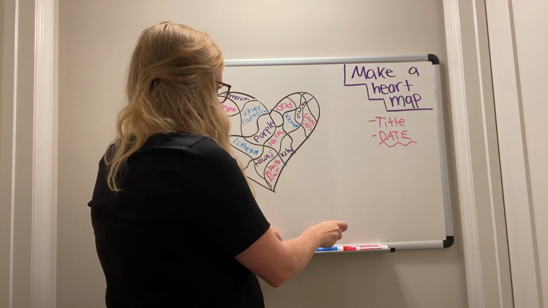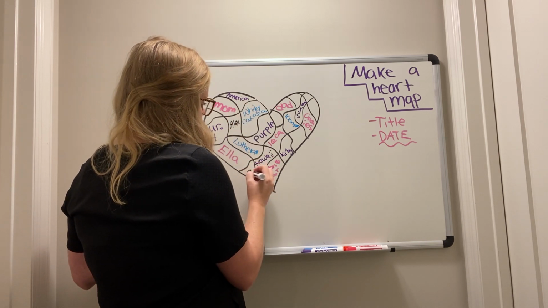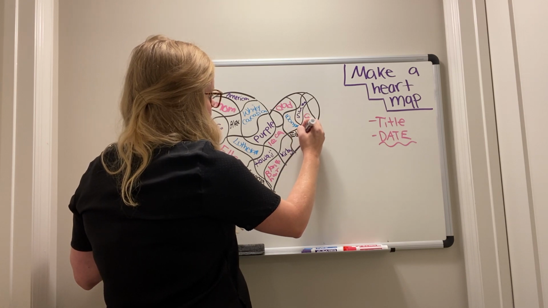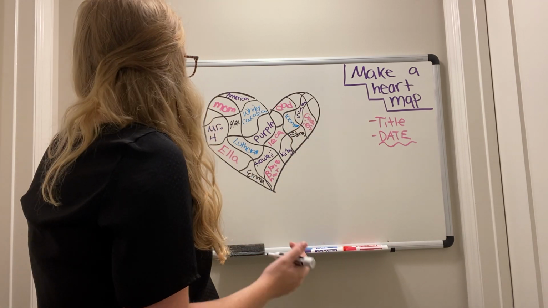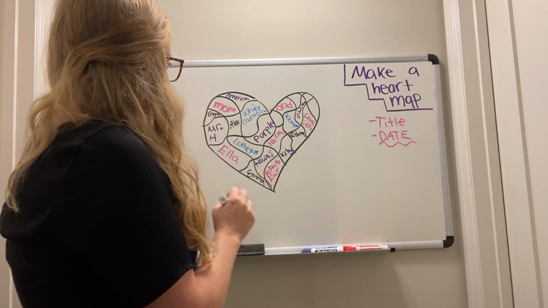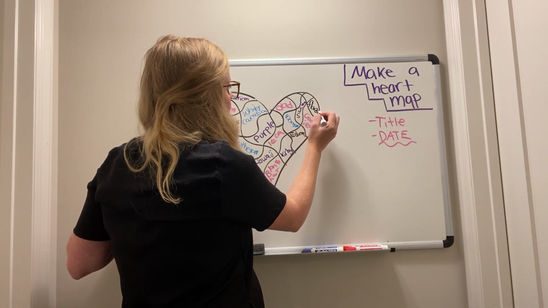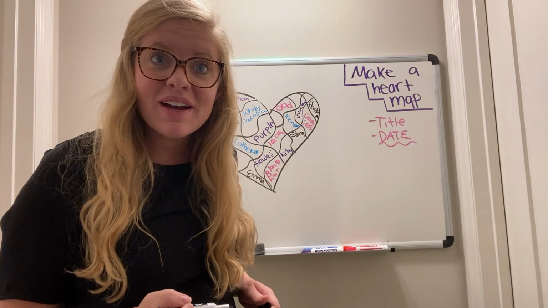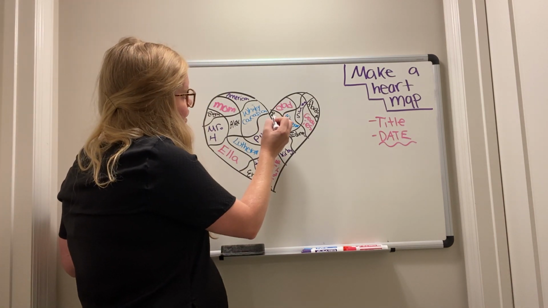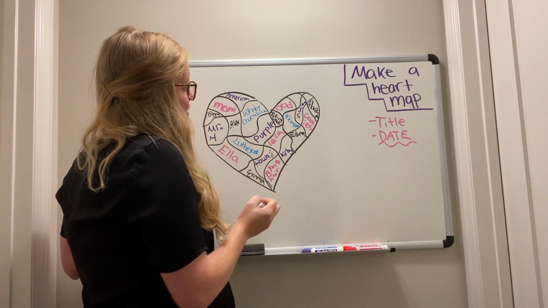I can put my sisters in here. I'm gonna put Edina, because that's where I grew up. I'm gonna put Egan, because that's where I live now. I'm gonna put Florida, because we like to go there sometimes. I'm going to put Pelican Lake, because we took a really fun trip there over the summer.